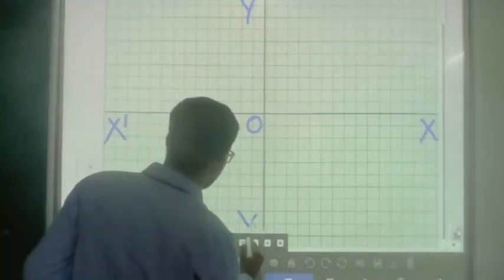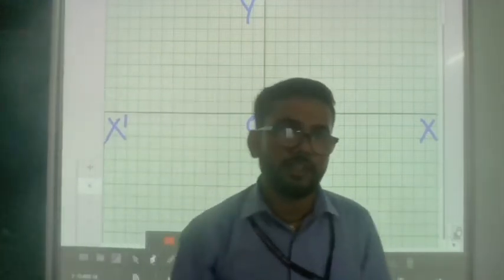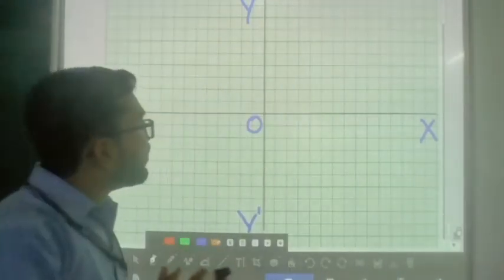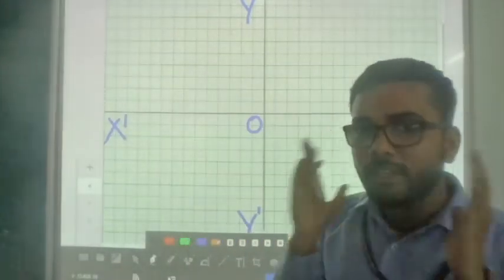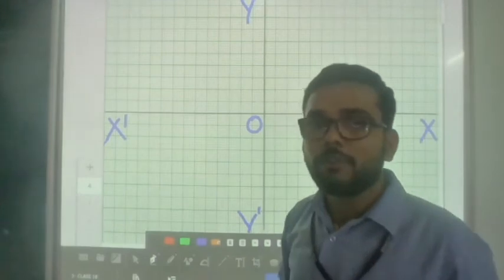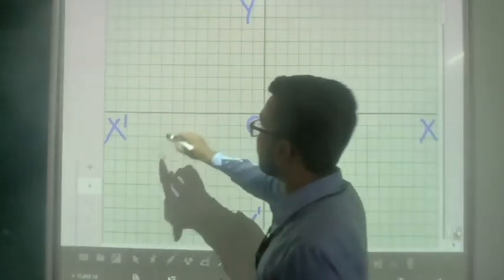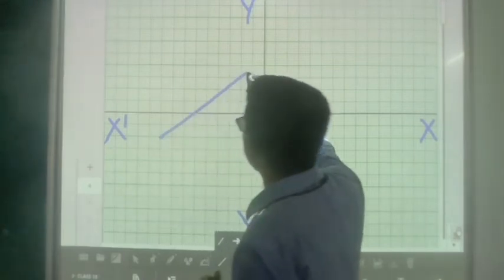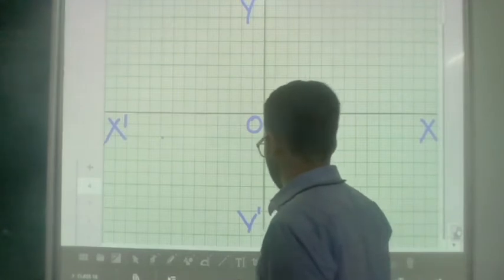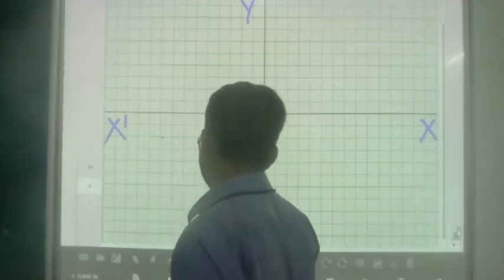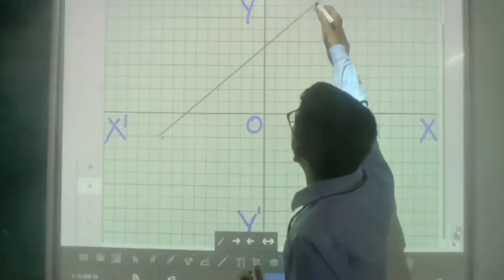Represented as x, x dash, y and y dash. You all know that. So if we draw a graph of a single linear equation, we will get a straight line like this. Let us suppose, like this.